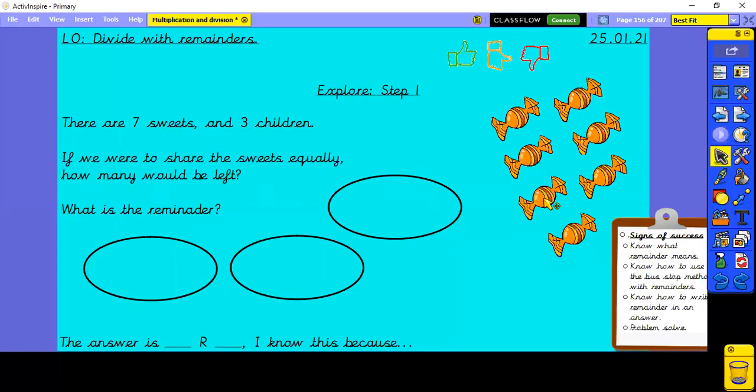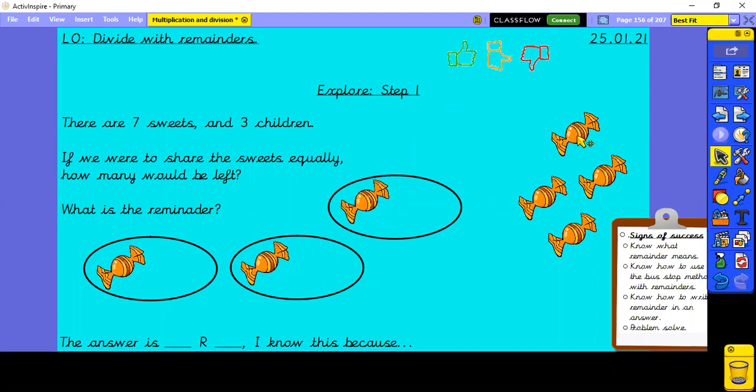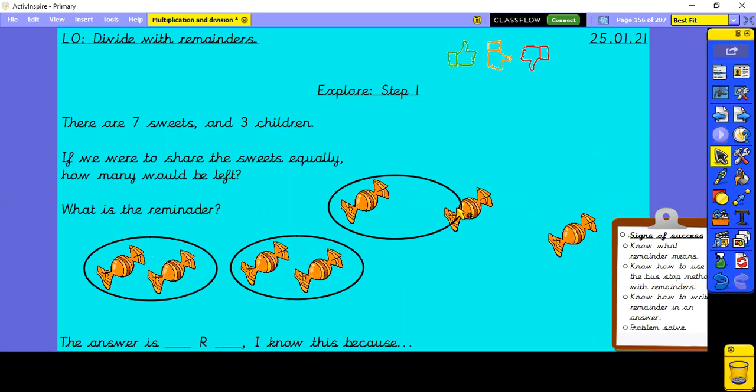Okay, so let's have a look. So I'm going to divide my sweets equally into the 3 groups. So 1, 2, 3, 4, 5, 6. Oh, and I've got 1 left over, and I can't split this 1 equally into 3 groups. So that means I have 2 in each group.